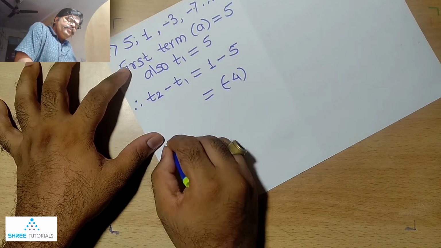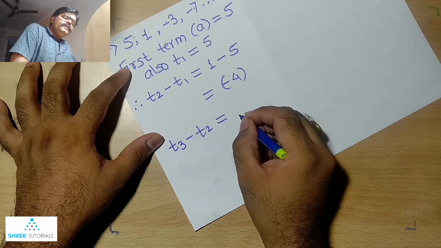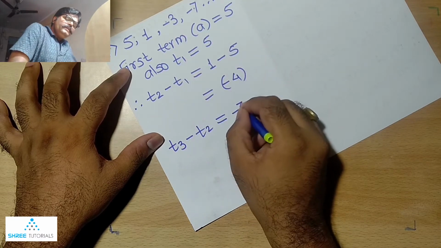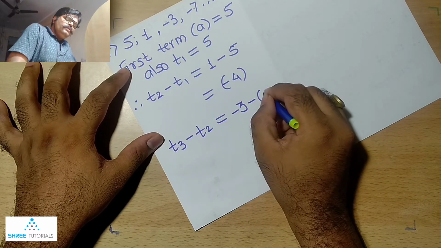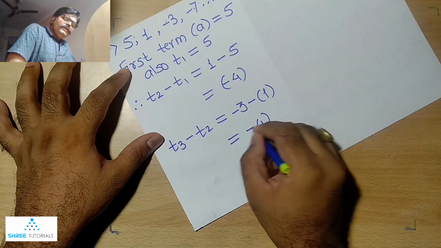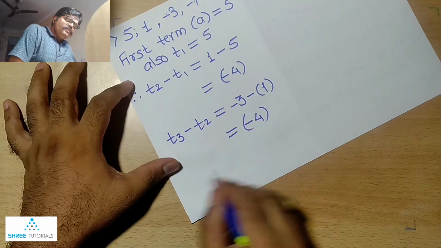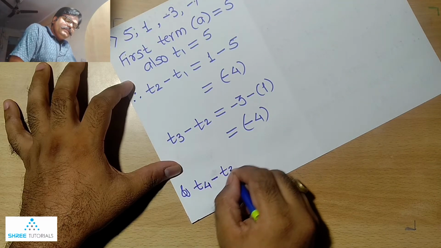Similarly, T3 minus T2. What was T3's value? That was minus 3, minus T2's value, which is 1. So the difference we are going to get is minus 4 itself. And T4 minus T3.